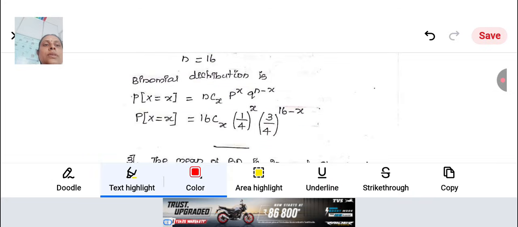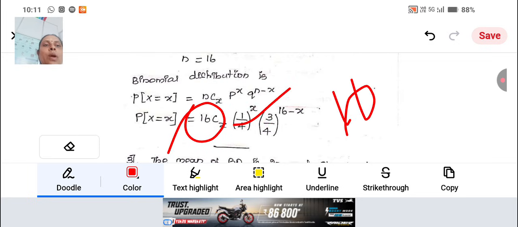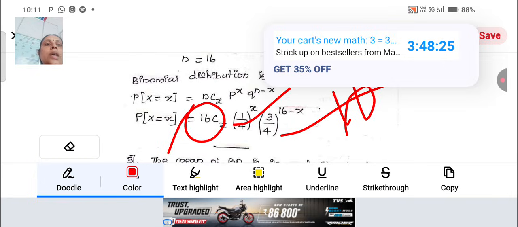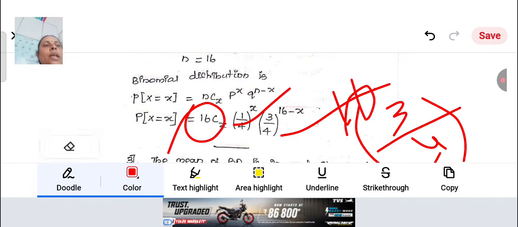So n is 16, the p value is 1 by 4 and the q value is 3 by 4. Substituting, P of x equals 16Cx (1 by 4) power x, (3 by 4) power 16 minus x. That is the probability mass function.